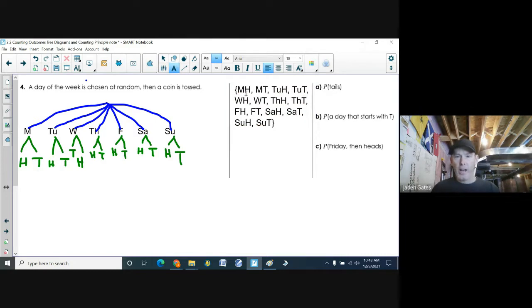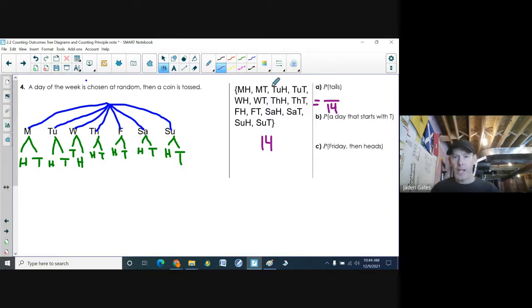And so we have, let me count them out, 1, 2, 3, 4, 5, 6, 7, 8, 9, 10, 11, 12, 13, 14 possibilities. And so the first one here, we're going to look at the probability that you get tails. Well, there are 14 possibilities.